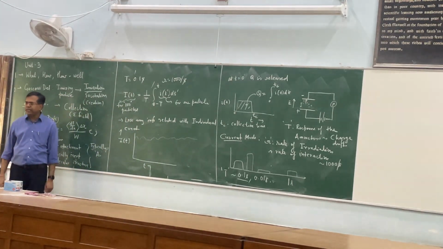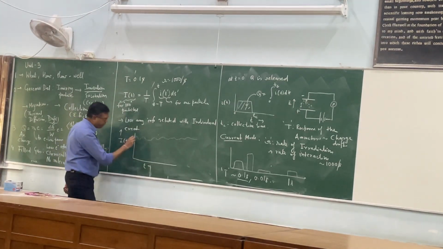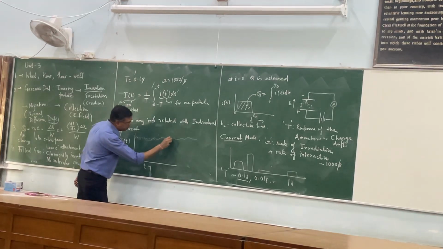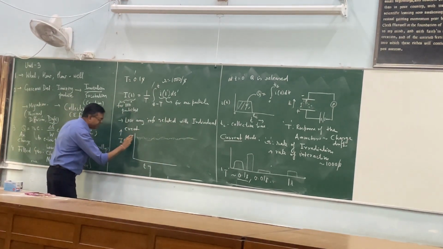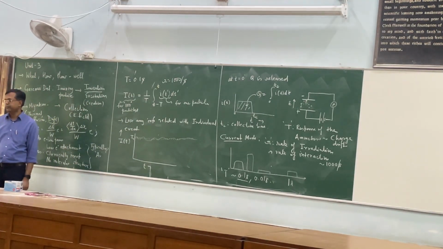Now, what kind of behavior is this? First I can take the mean of this, and I will say there exists something called I naught, which is the average current.